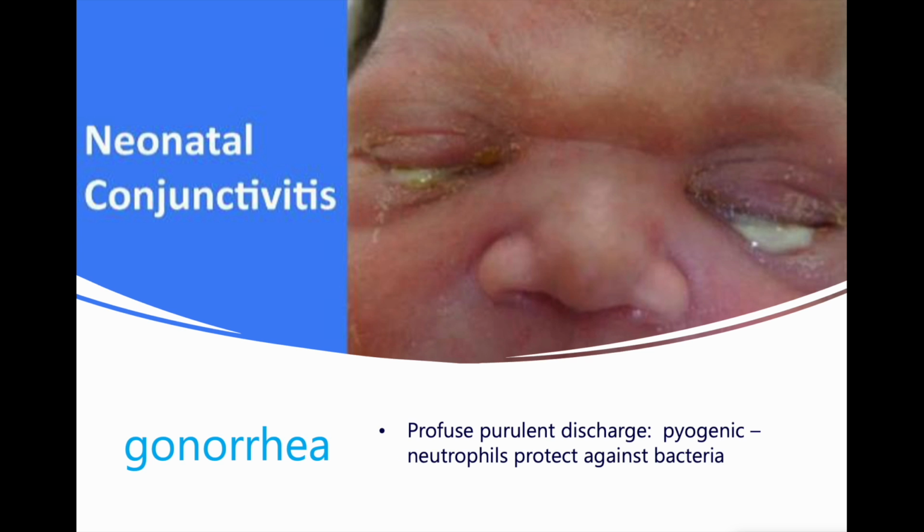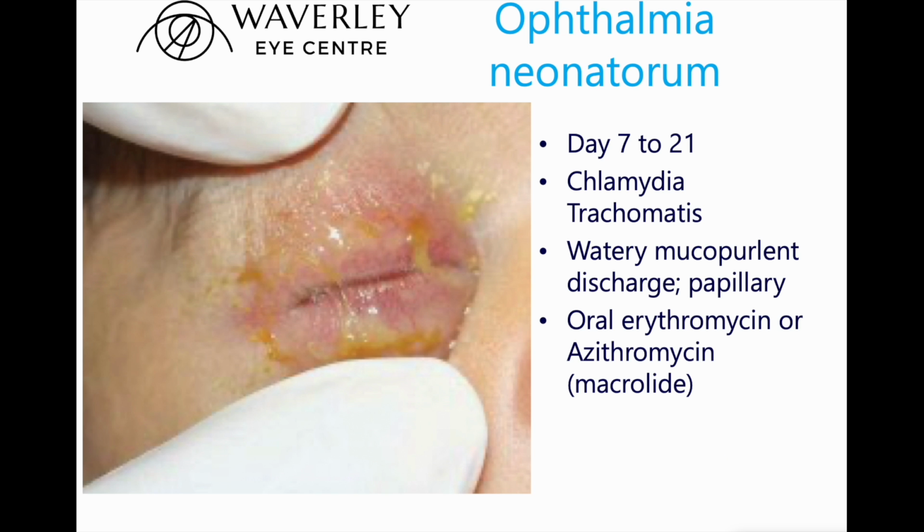You're thinking gram-negative, and with that, you get a lot of neutrophils. So the discharge is extremely purulent, a very pyogenic reaction. This is not subtle. This is the least subtle of any of the conditions you're going to have.